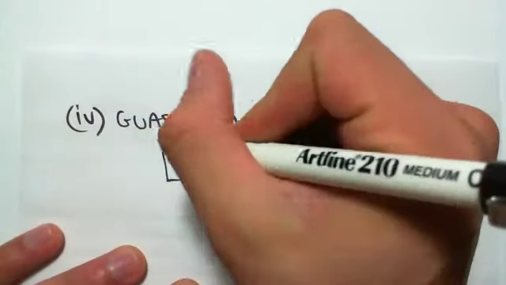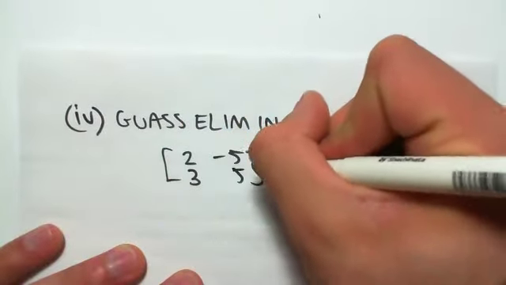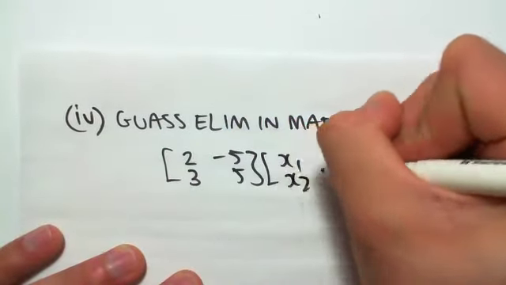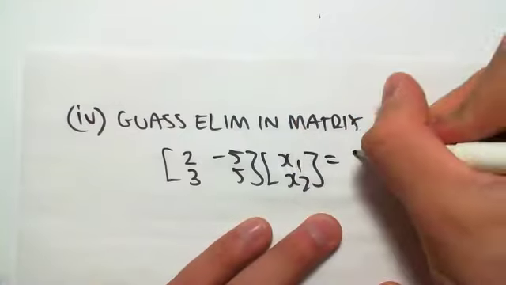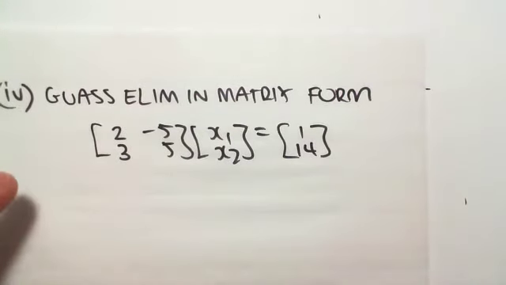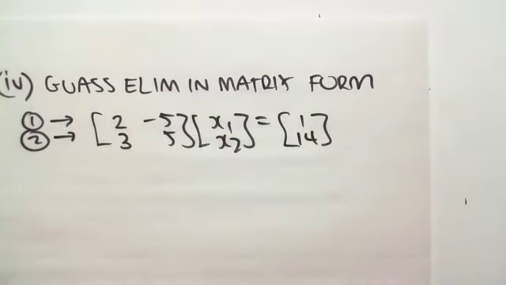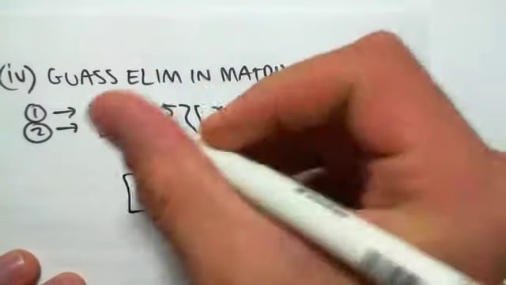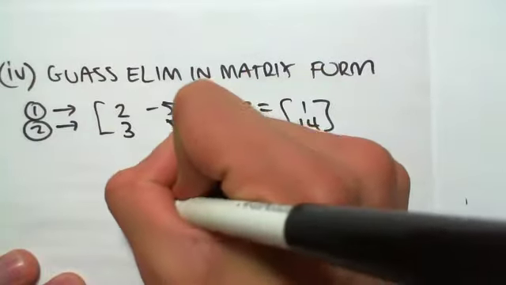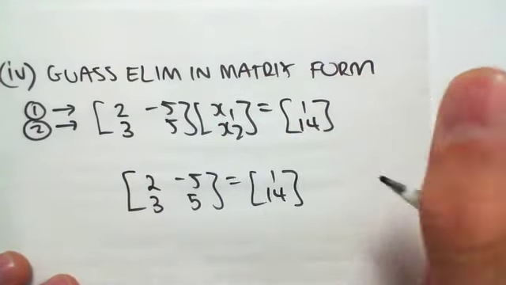We had 2, minus 5, 3, 5, x1, x2 equaling 1, 14. So what we're going to do is say that this row is 1 and this row is 2. I can just ignore the x1 and x2 for now, and I'm going to rewrite this as 2, minus 5, 3, 5 equaling 1, 14.